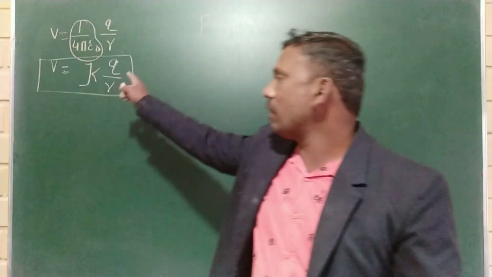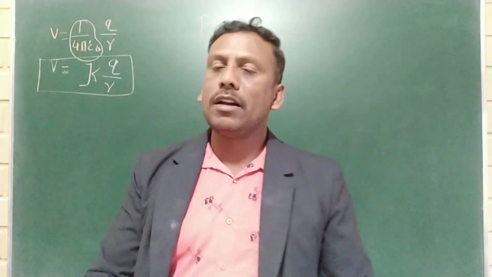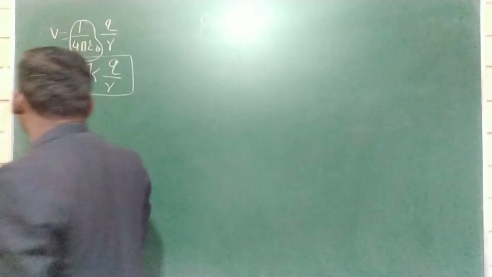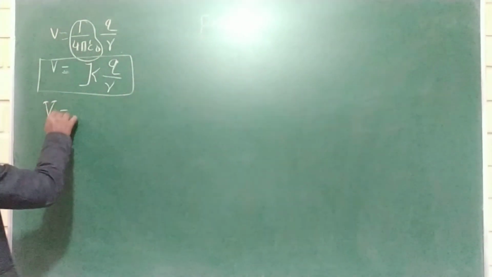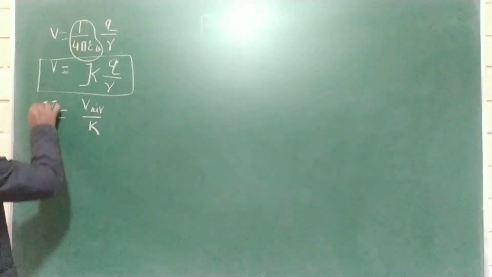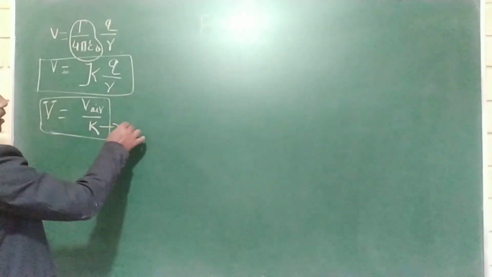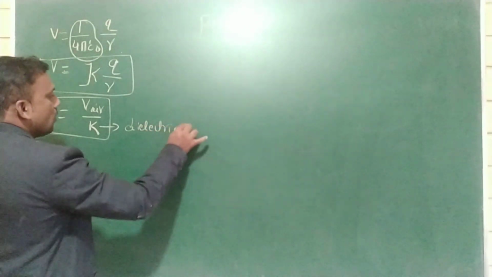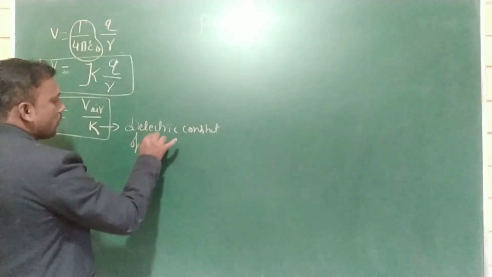This equation holds when the charges are placed in free space, in air, or in vacuum. If the charges are placed in a medium, the electrostatic potential decreases. That is, V air divided by small k, where small k indicates the dielectric constant of the medium.